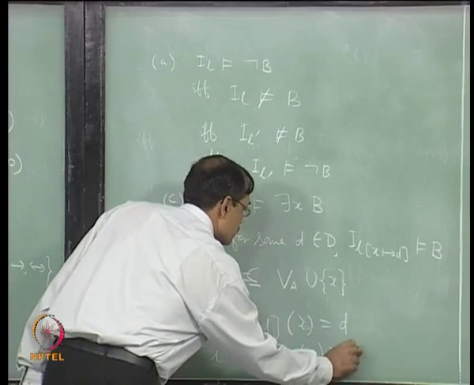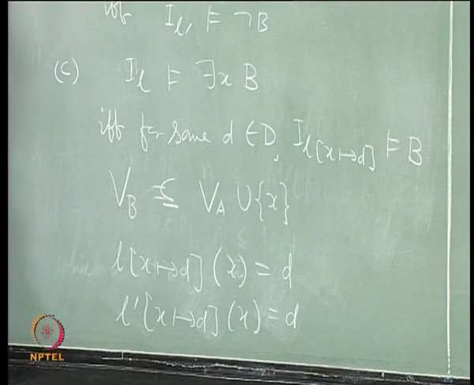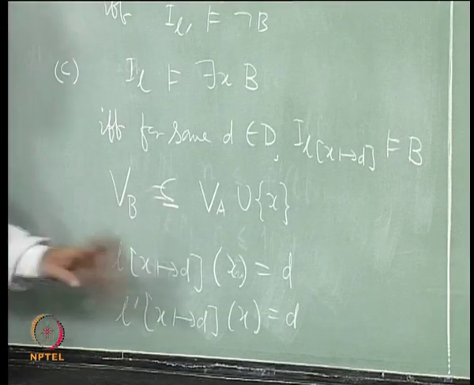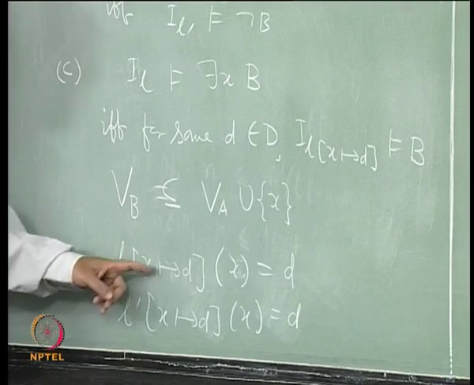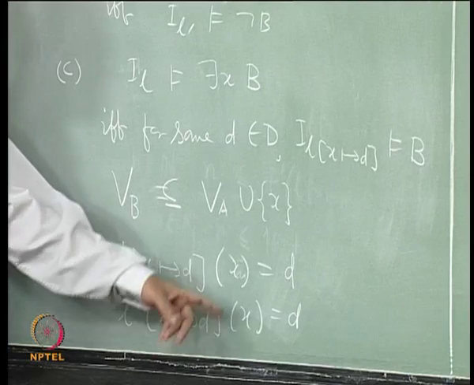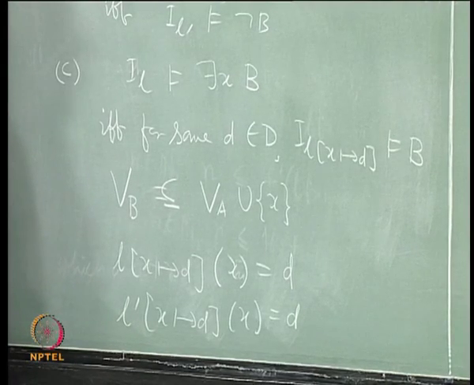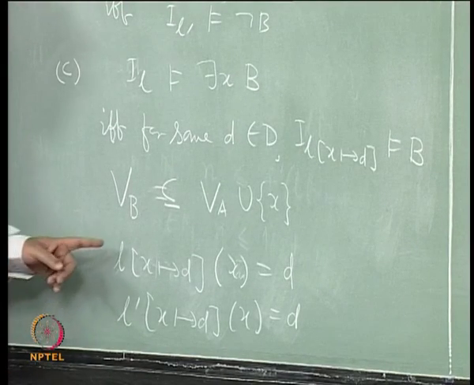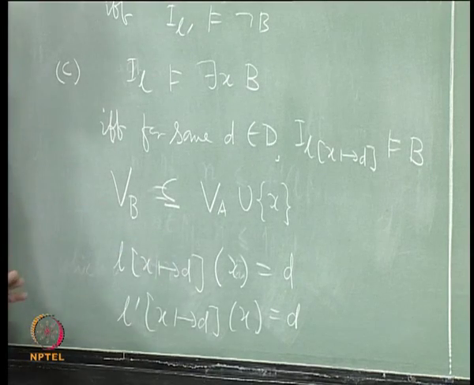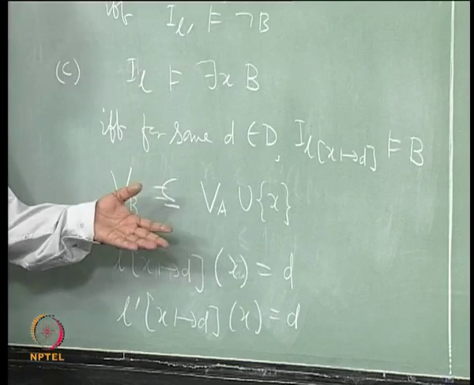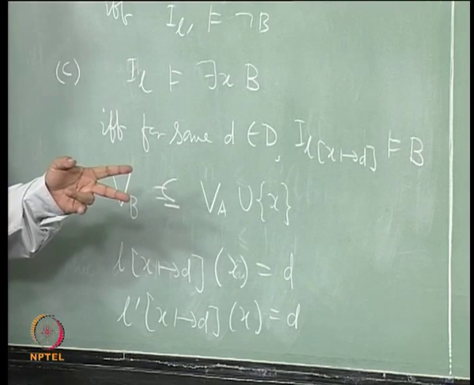That is also d. Though L and L prime may not agree, we do not know what they are, but L x fixed to d and L prime x fixed to d, they agree, fine. So, now we are not going to see whether L and L prime agree, but whether these two are agreeing or not, even on the other variables, because there we are applying the induction hypothesis, right.